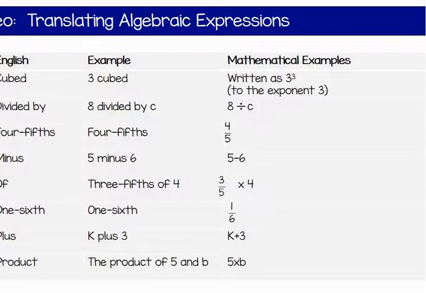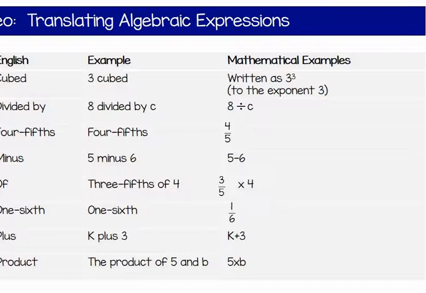Cubed, for example, 3 cubed. We would write this as 3 to the exponent 3. Divided by, for example, 8 divided by c would be written as 8 with the divide sign c. 4/5 means 4 out of 5, which would be a ratio fraction.